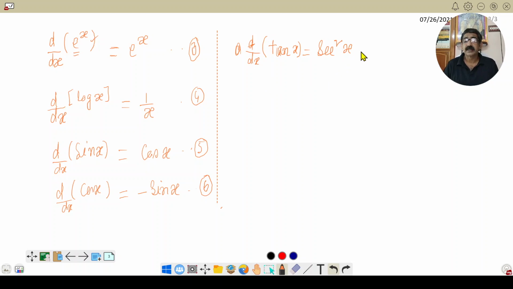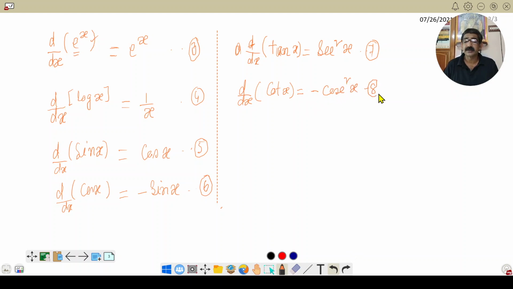Rule number 7, d dx of cot x is equal to minus cosec square x.